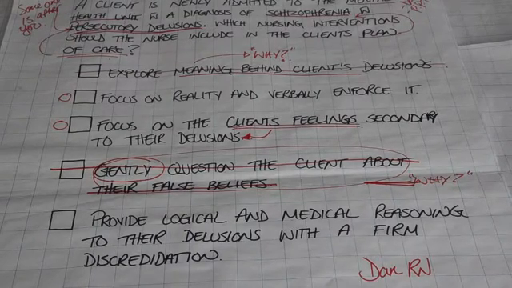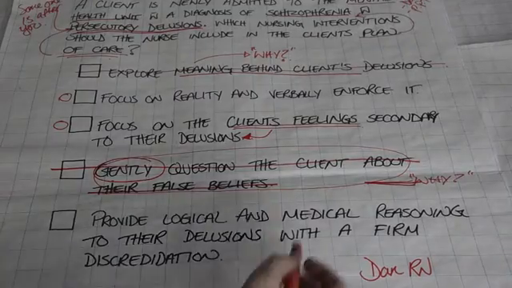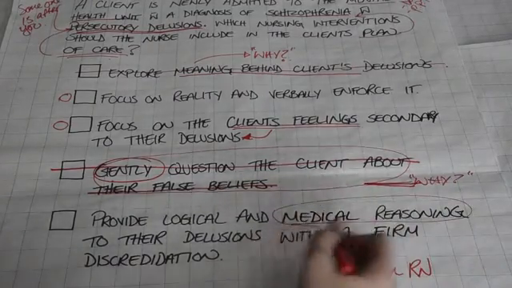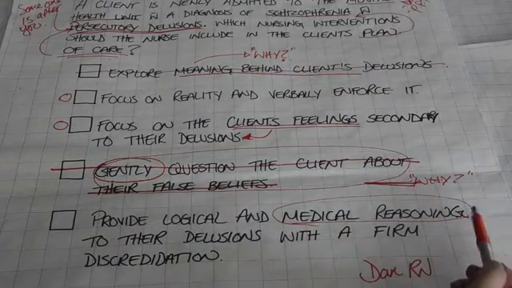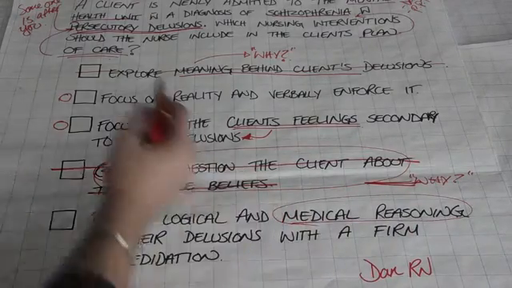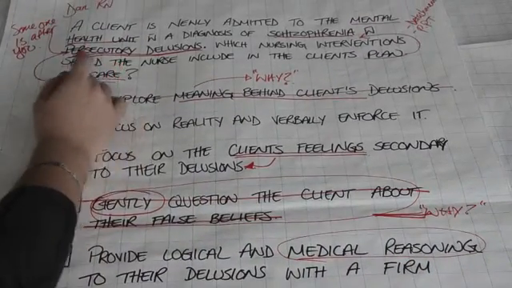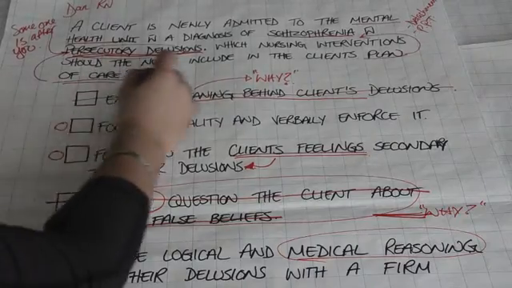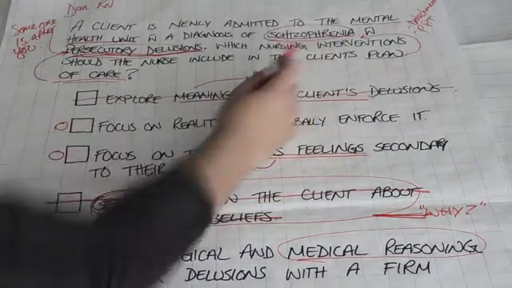The last answer choice reads as follows: provide logical and medical reasoning to their delusions with a firm discreditation. We're providing medical reasoning, so we want to give client knowledge about their condition. However, they're currently having delusions and they have schizophrenia. All right?